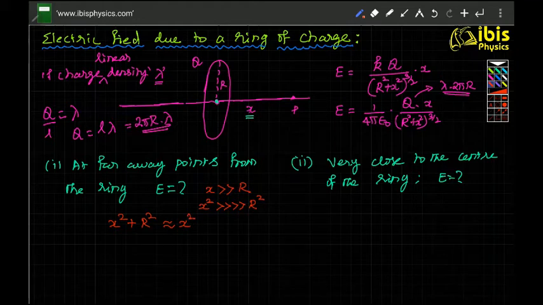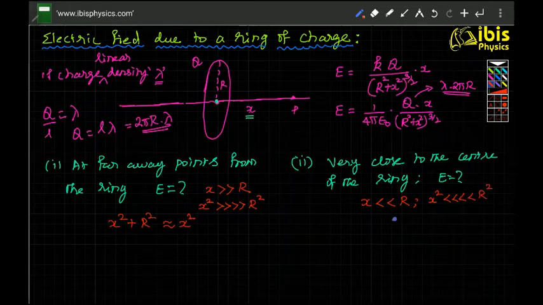For instance, in the example I have given, when you square 1 and 100 and add, you get 10,001, which is very close to 10,000 only. But very close to the center of the ring means x gets very small. So x is far less than r, and hence x square is far less than r square.